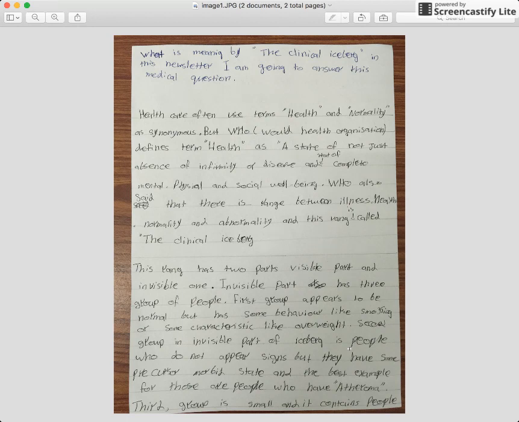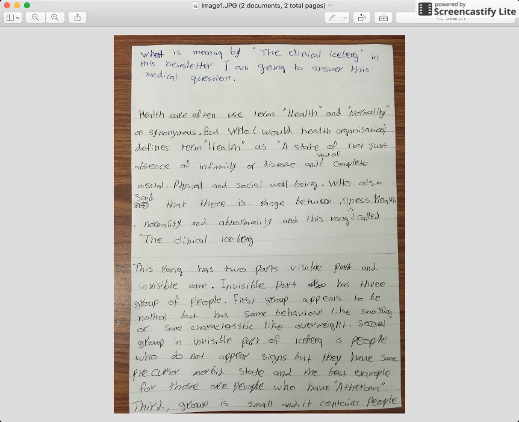You should be explaining that the first three parts, you said here, the iceberg has two parts, visible part and invisible part. Okay, but the invisible part is actually the biggest part, right? The invisible part has three groups of people. So you haven't described these three groups.